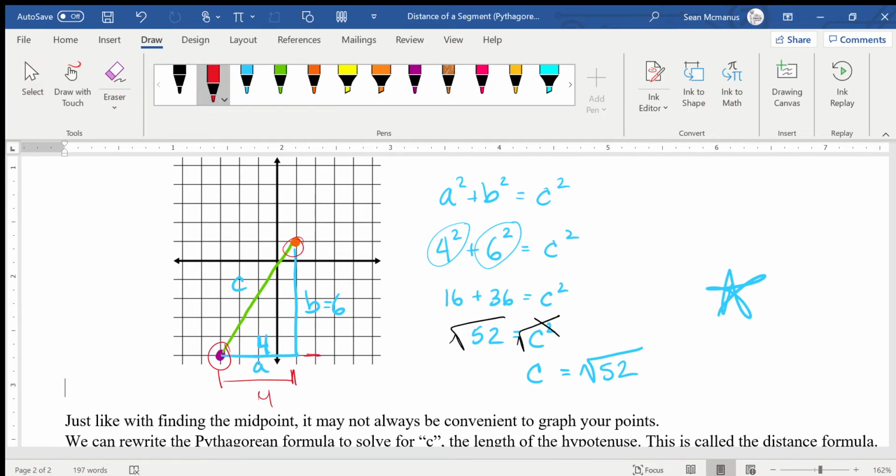I could do the same thing for B, using the y coordinates. The y coordinate of this one was 1, and the y coordinate of the purple one was -5, sorry. 1 minus -5 becomes 1 plus 5 is 6. That's what I got there.